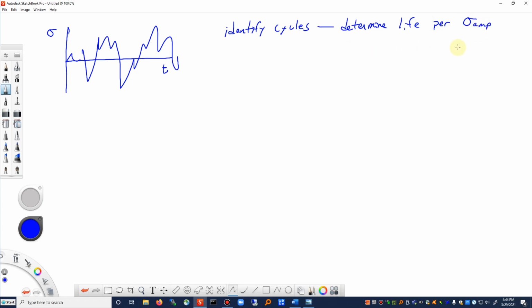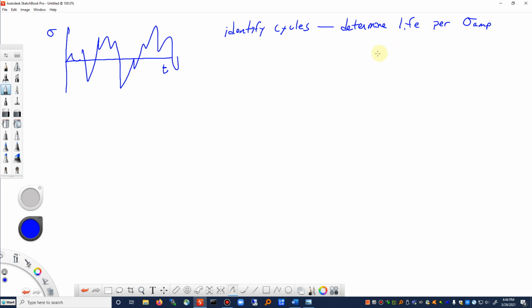We determine the life for that particular stress amplitude of that identified cycle, or strain amplitude, or whatever it is that your damage parameter is dealing with. In this case, let's just say the stress amplitude.